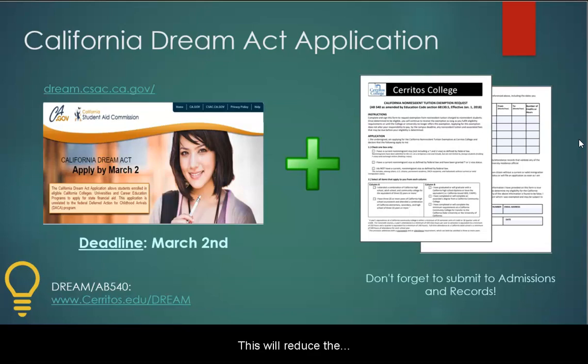This will reduce the tuition price from $310 a unit down to $46 a unit. Bearing in mind that if you are eligible for the Cerritos Complete Promise program, your tuition will be completely covered.